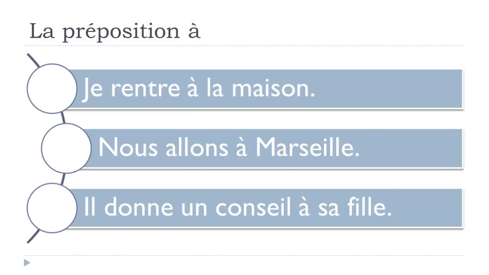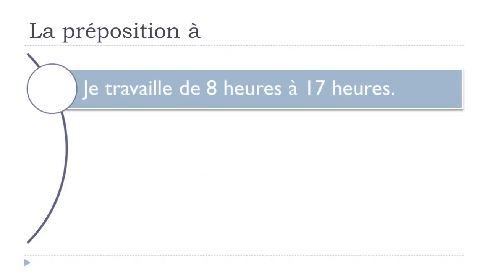All right, and so now we'll see the second use of this to, when it's combined with the preposition de, like here. So de would be from, and then you put something, and à will be the to.